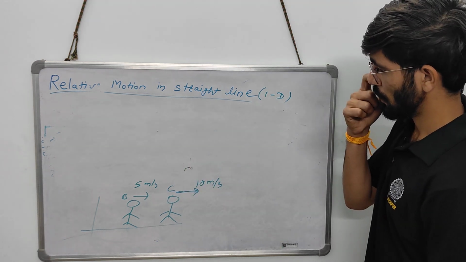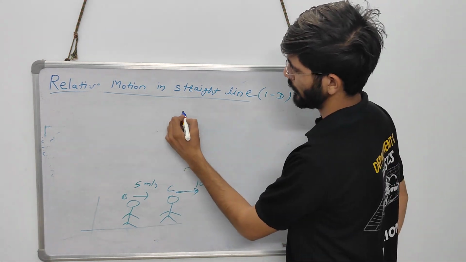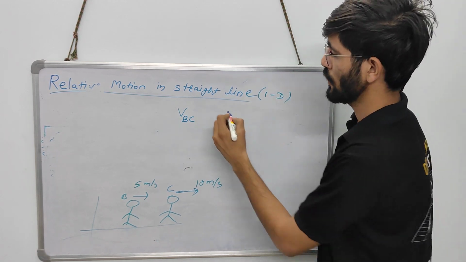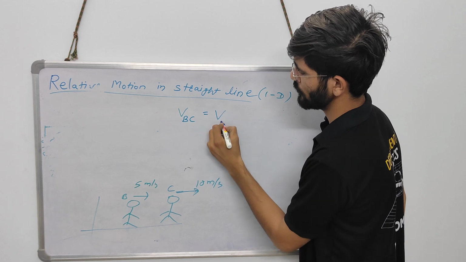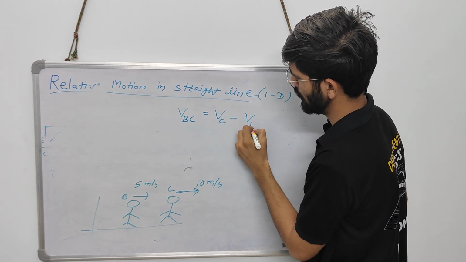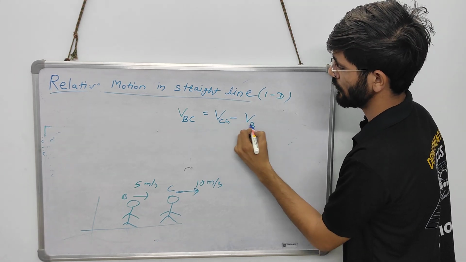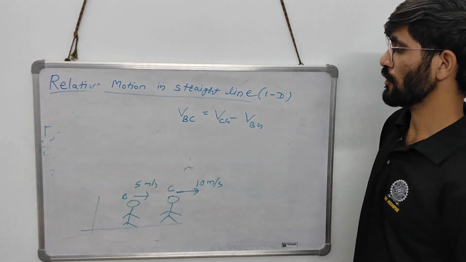We have to find the velocity of B with respect to C. Our formula is velocity of C minus velocity of B. When the subtrahend is missing, it is always with respect to the ground.